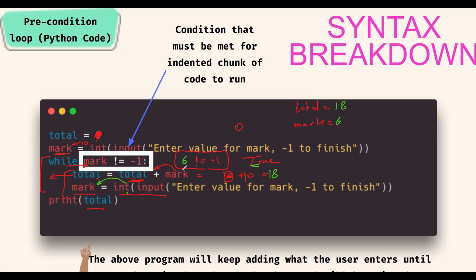So I add the 6 to the total, which is at the moment 18, and that will result in 24. And 24 will be saved inside total, and so on.